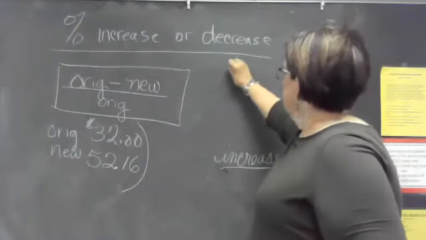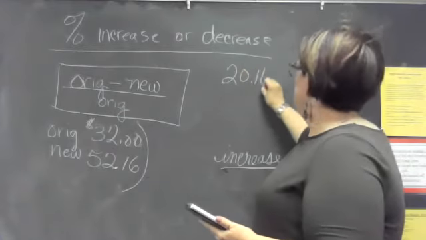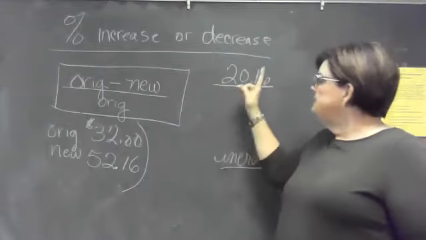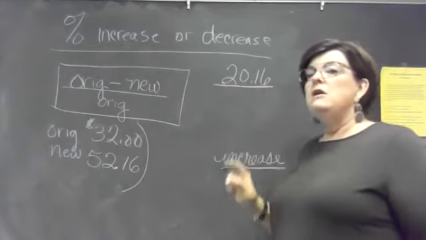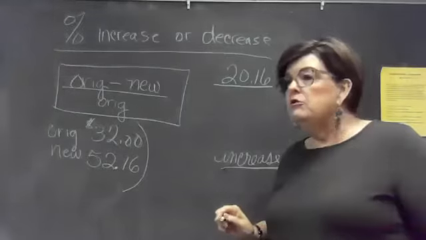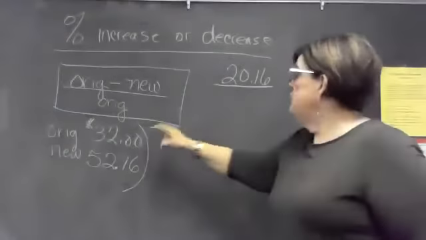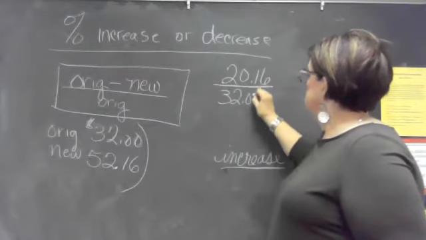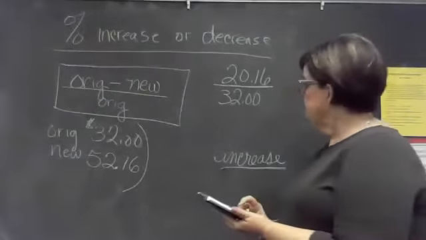This is the amount of change, not the percent. When I subtracted, I got this. And then you don't put it over the biggest number, you put it over the original number. The original number is what we started at. And then simply put it into your calculator and change to a percent.